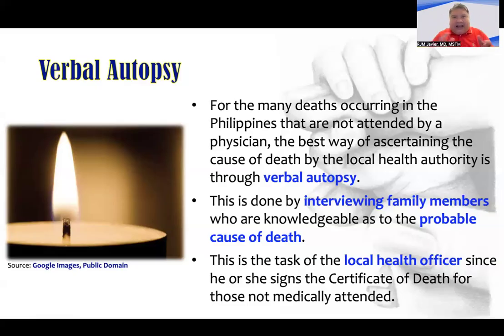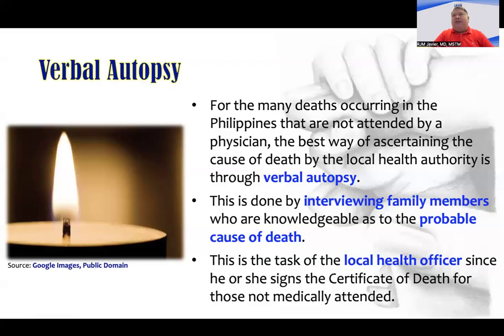In the strictest sense, you are not legally liable to write the death certificate if you did not witness the death or the demise of the patient. However, sometimes out of humanitarian reasons, other doctors are willing to sign out a death certificate even if they did not attend to the patient for various reasons.